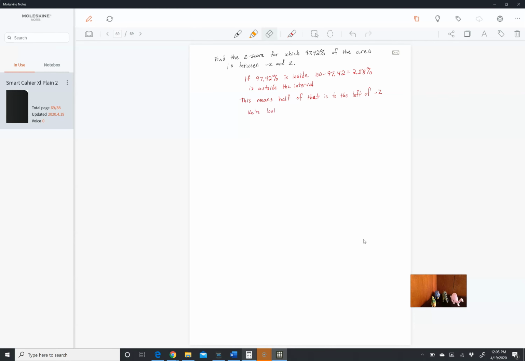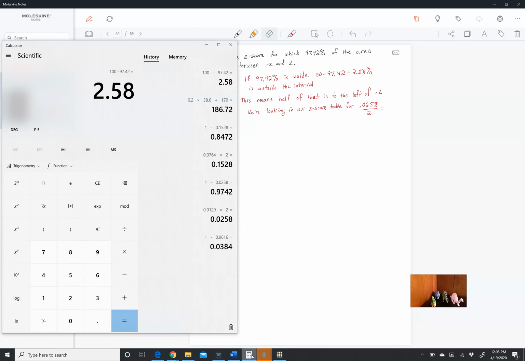So we're looking in our z-score table. Remember, the z-score table doesn't have it in terms of percents, it has it in terms of decimals. So 0.0258 divided by 2. And if we take 0.0258 and we divide by 2, we get 0.0129. Okay, and this is always centered about the mean.